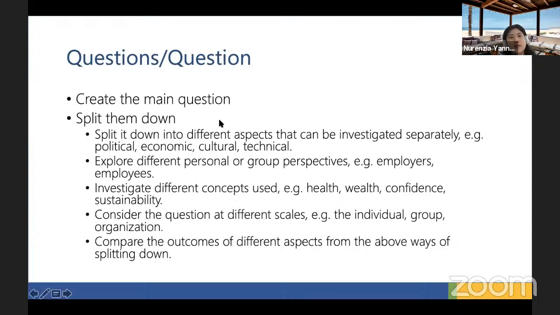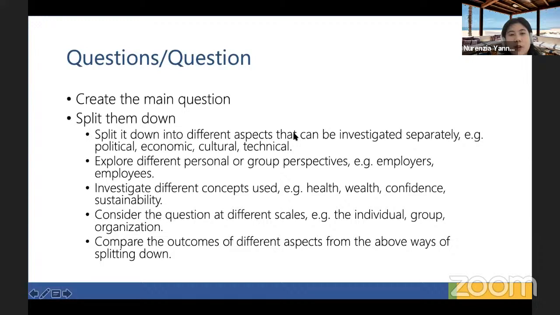So we will practice this one, some strategy to develop questions. And what you need to do is create the main question first, and then later on you can split them down into several smaller, more detailed questions.